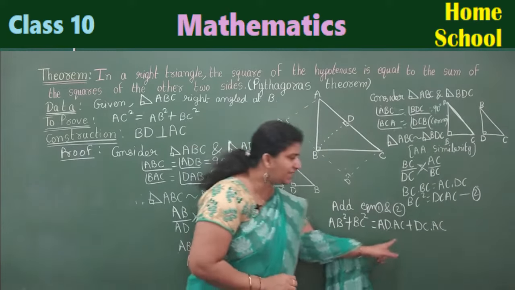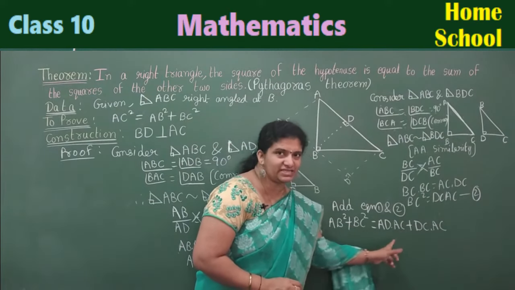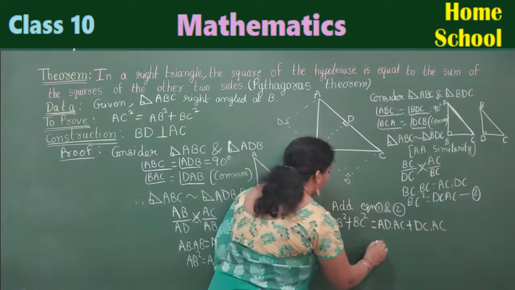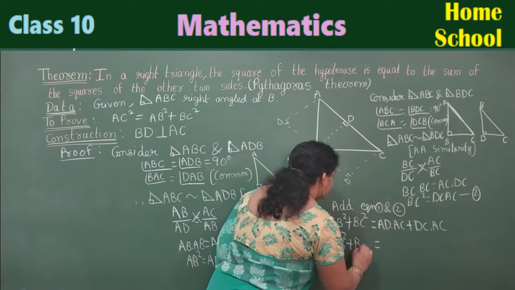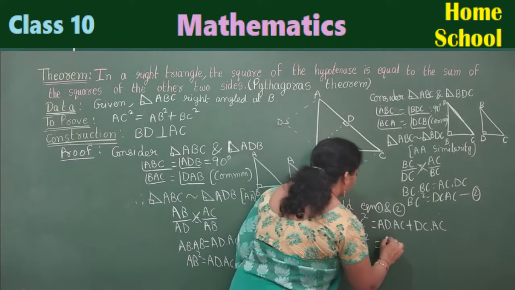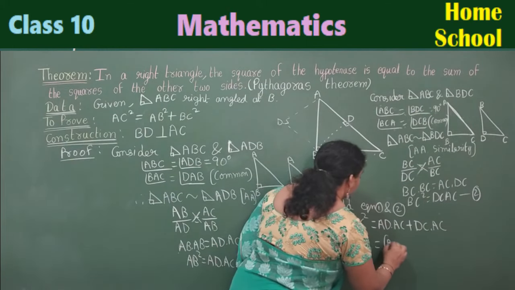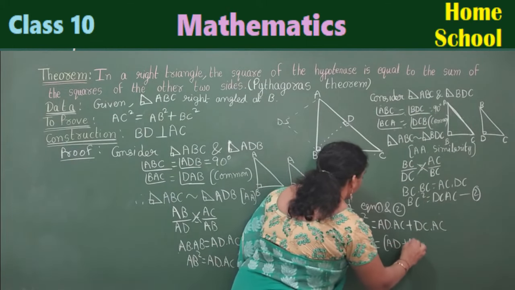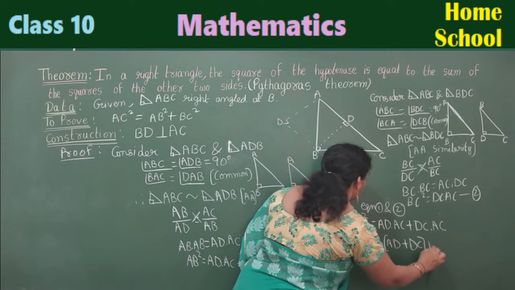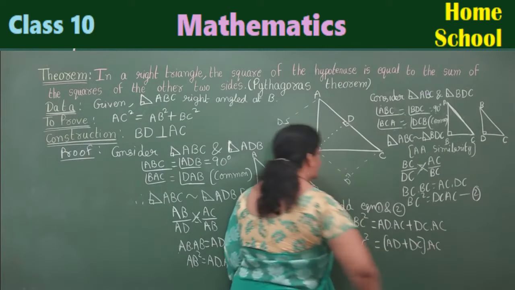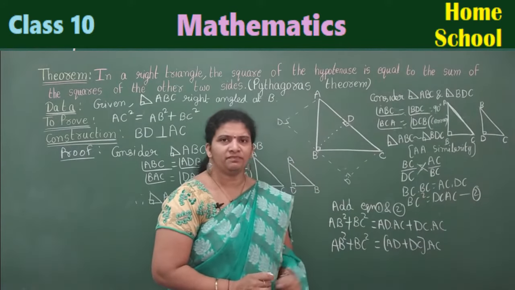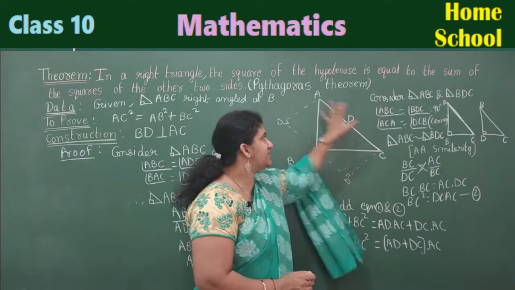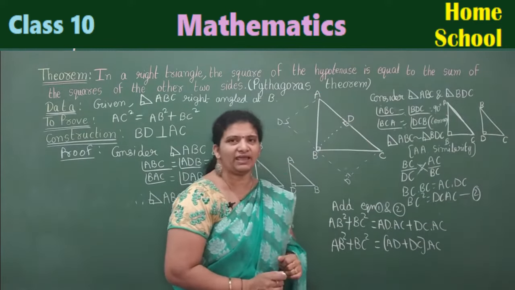Now in these two, what is common? AC is common. Take it out common. AB square plus BC square is equal to, if you take out AC common, what are you left with? AD plus DC into AC. What is AD plus DC? AD plus DC is nothing but AC, the big line.